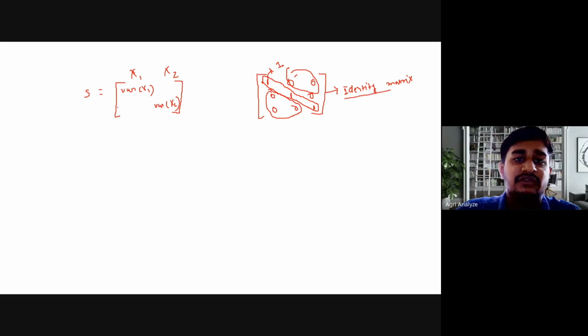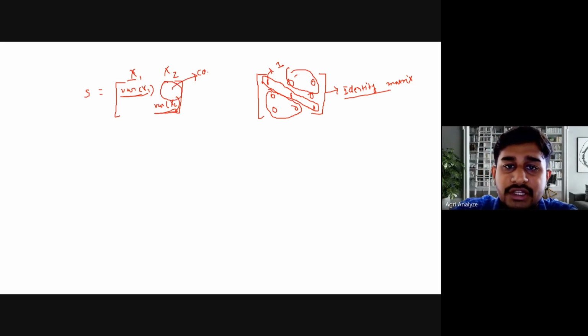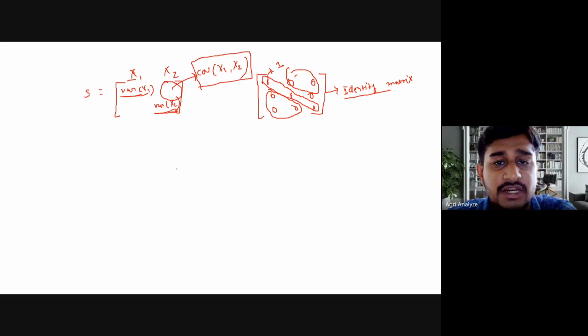So in the variance-covariance matrix, the diagonal elements show the variance of our given variables. This is the variance for x1, and this is the variance for x2. This element of the matrix shows the covariance between x1 and x2. Covariance means the simultaneous variation explained by the x1 variable and the x2 variable.